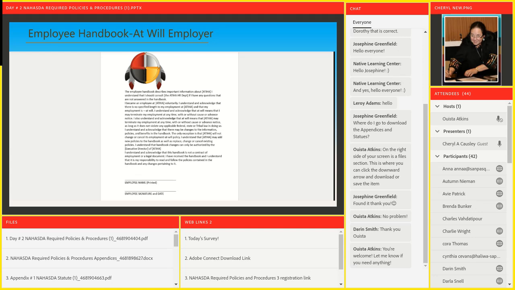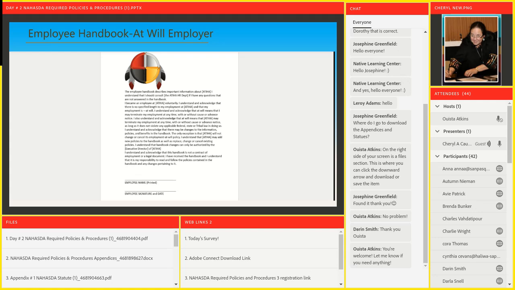I became an employee at ATIHA voluntarily. I understand and acknowledge that there is no specific length to my employment at ATIHA and that my employment is at will. I understand and acknowledge that at will means that I may terminate my employment at any time with or without cause or advance notice.